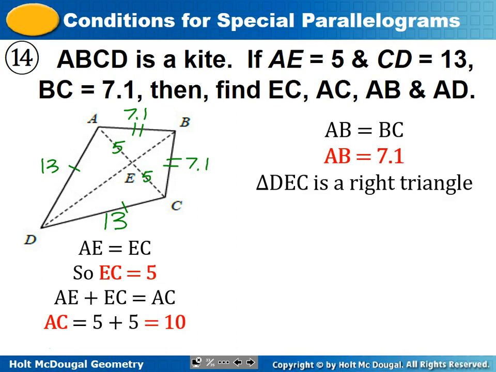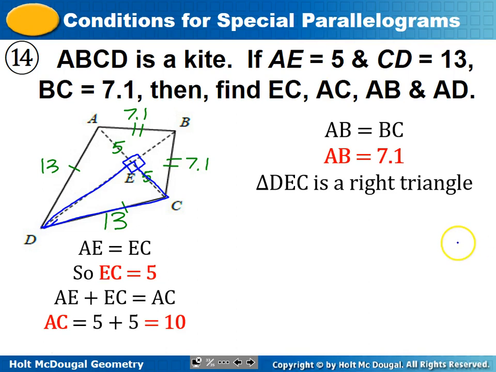Then notice here that we have a right triangle. I want to bring this to y'all's attention. And I know that again because all these angles in here are right angles, right? So DEC is a right triangle. Well, we have two legs and a hypotenuse in a right triangle. DE is one of the legs, EC is another leg, and DC is the hypotenuse.